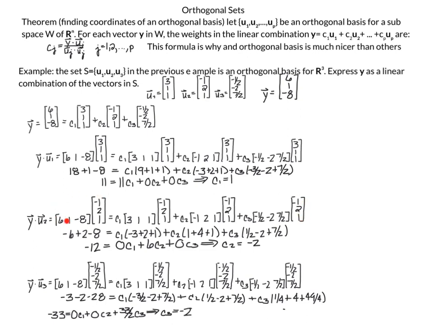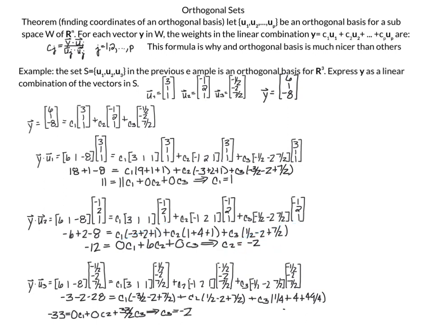What that gives me on the left-hand side is minus 6 plus 2 minus 8, and on the right-hand side, again, I should just know, but I went ahead and did it anyway. This goes to 0, this over here goes to 0, and then we're left with c2 times 6, which gives us c2 is equal to minus 2.